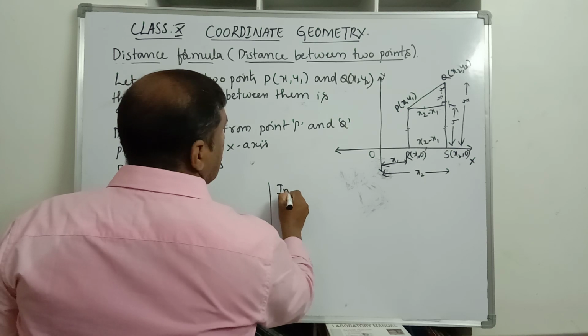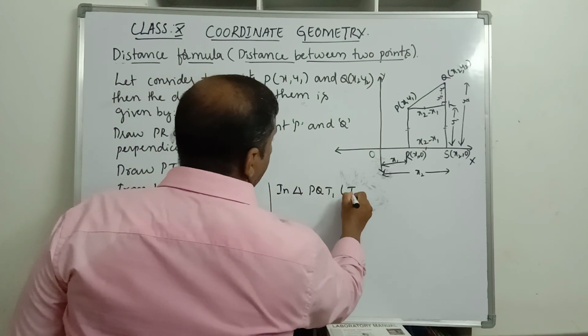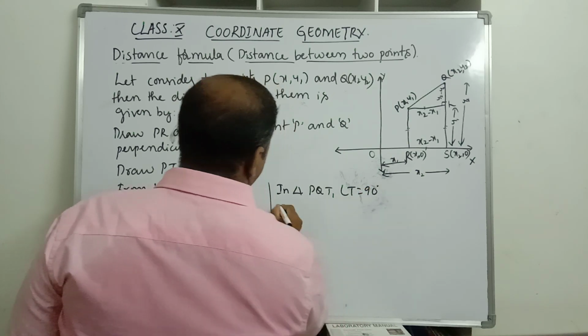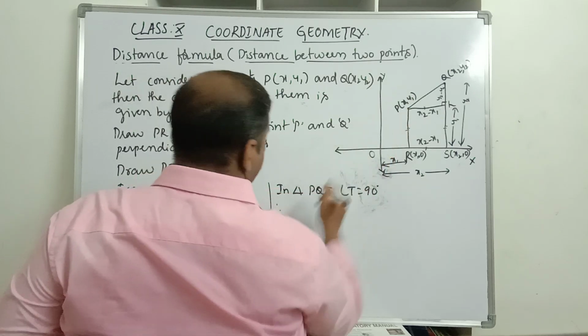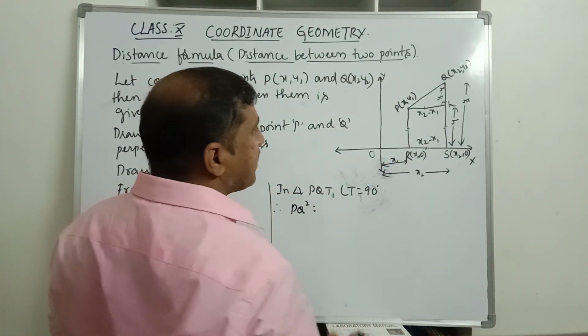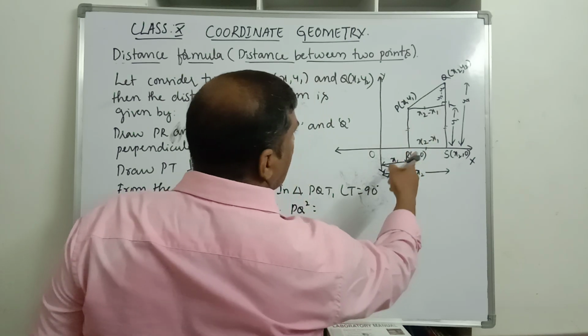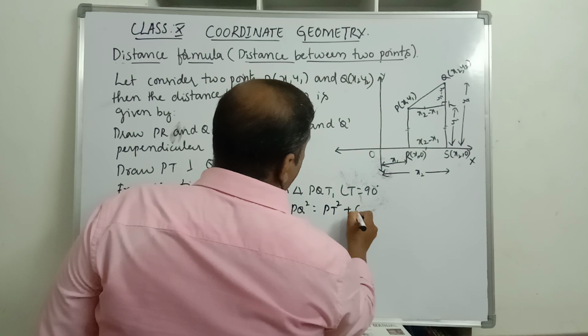Now consider the triangle. In triangle PQT, angle T is equal to 90 degrees. Therefore, by applying the Pythagoras theorem, the square of the hypotenuse, that is PQ square, is equal to the sum of the squares of the other two sides. What are the other two sides? It is PT square plus QT square.